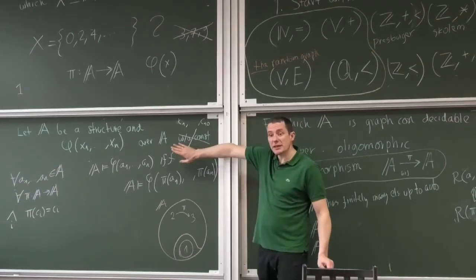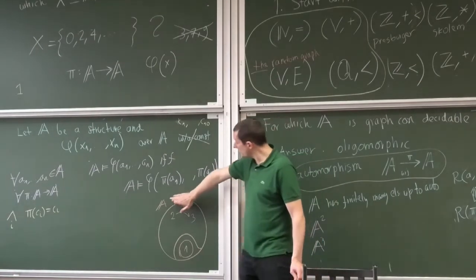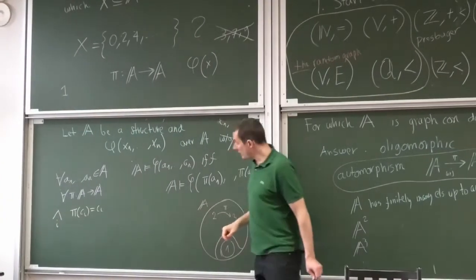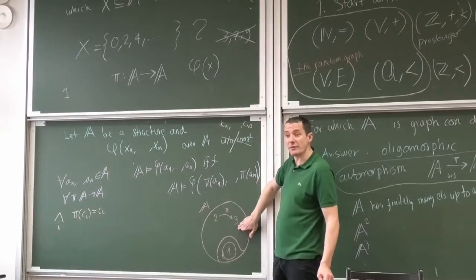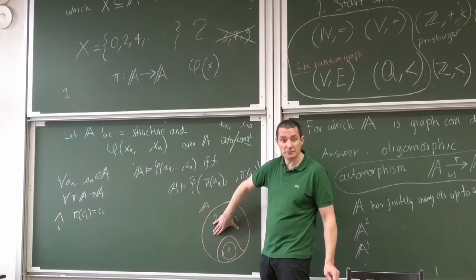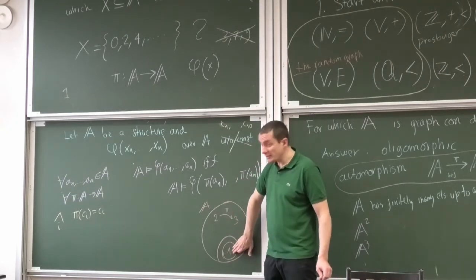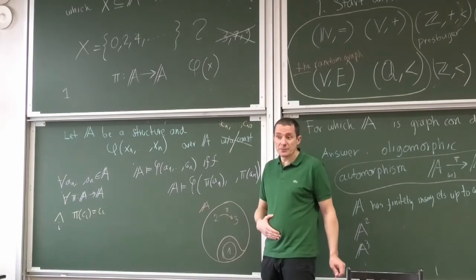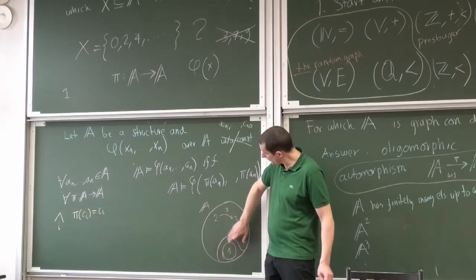And this result here says that if you're a subset of the atoms, which is defined using the constant 1, then if you're true for somebody here, you're true for everybody else. So you either take this entire orbit or you don't take it. And then you either take this entire orbit or you don't take it, which means that there's 4 subsets, depending on which one of these you take.